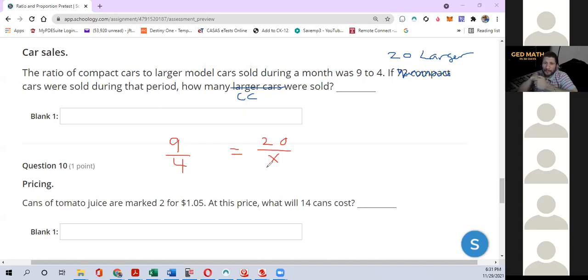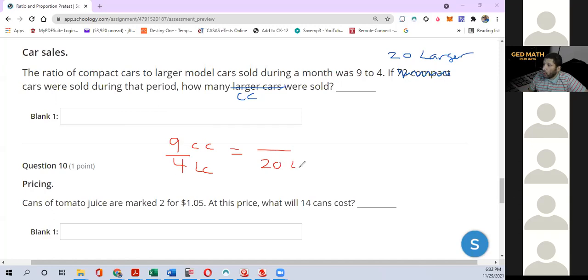How many people agree? Because this is what you had to remember. The 9 corresponds to the compact cars. The 4 corresponds to the larger cars. So when I gave you that there's 20 larger cars, the 20 has to go where?